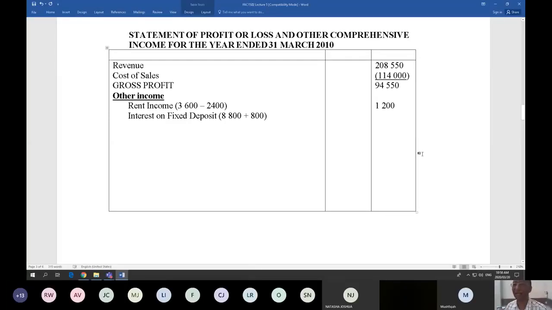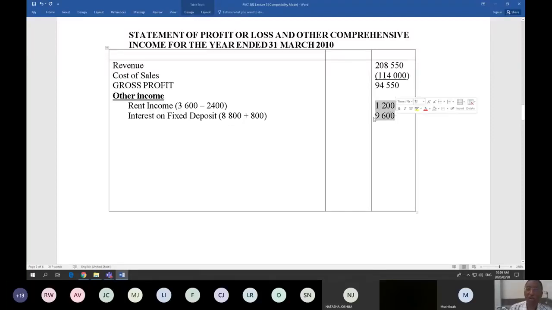And that was 800 rand, resulting in interest on fixed deposit of 9,600 rand. Right? 8,800 rand in the trial balance, and we have worked out that 800 rand was accrued income.